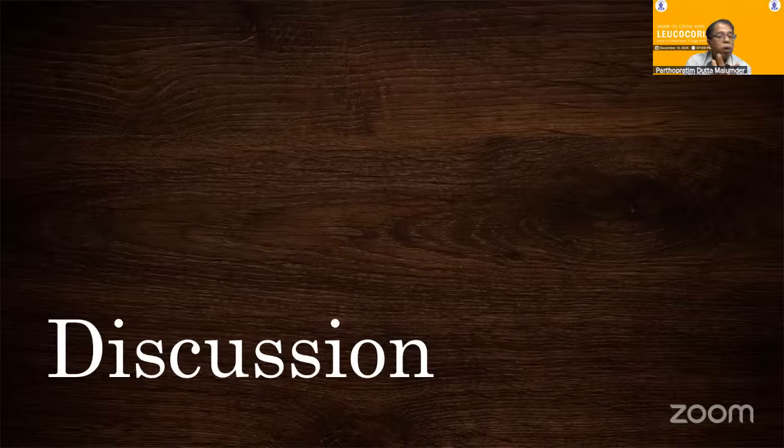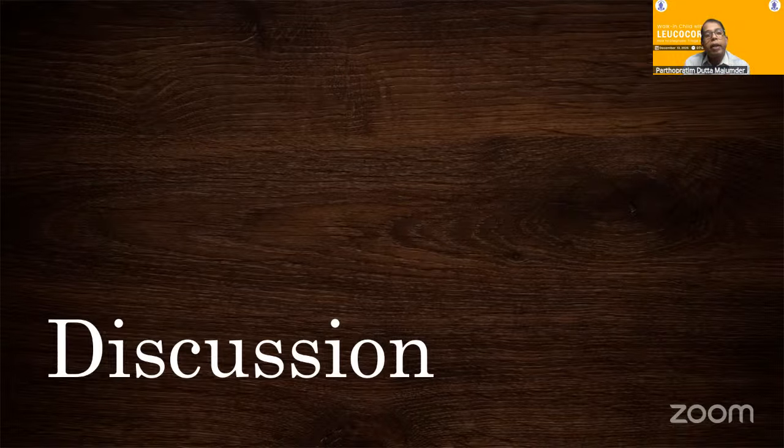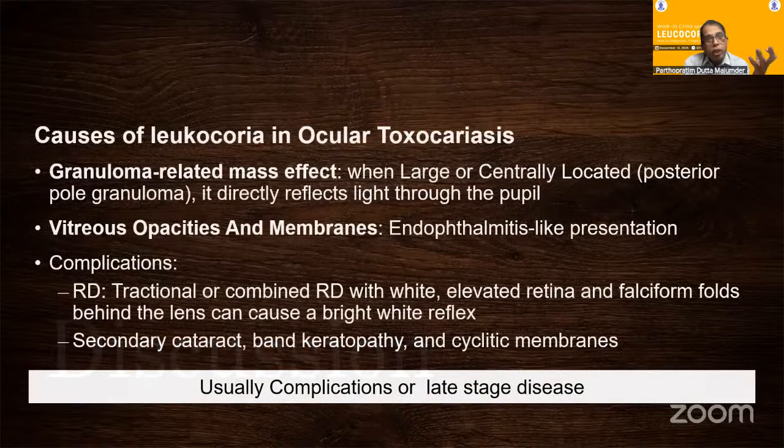Yeah. So, I'll just try to highlight a few things related to ocular toxocariasis and also the uveitic conditions which can mimic and present with leucocoria. Most of the time, the leucocoria in uveitis in children is related to complicated cataract.